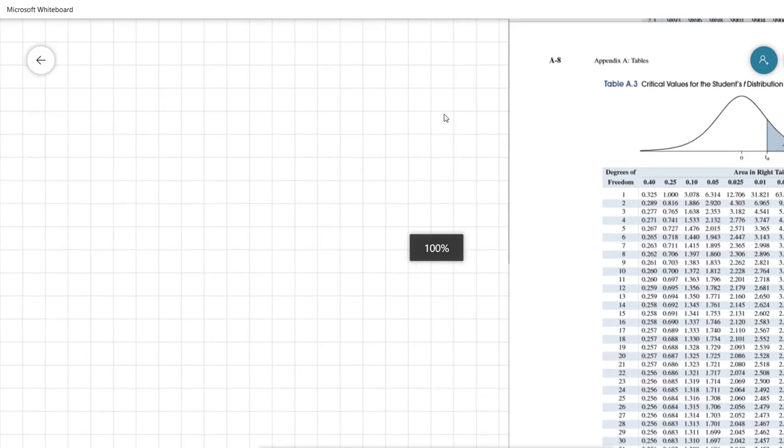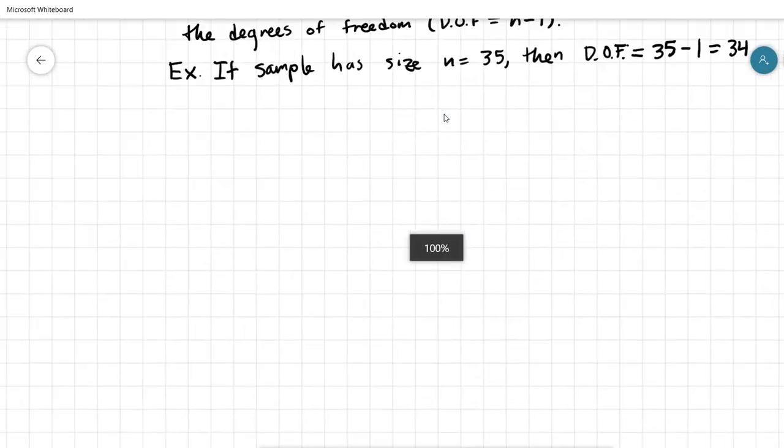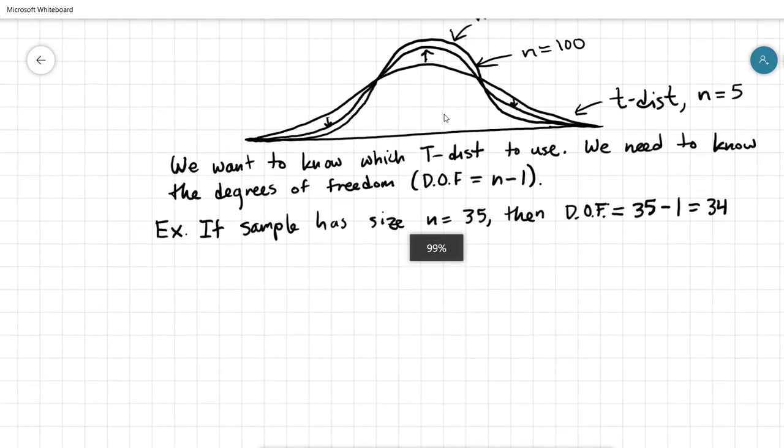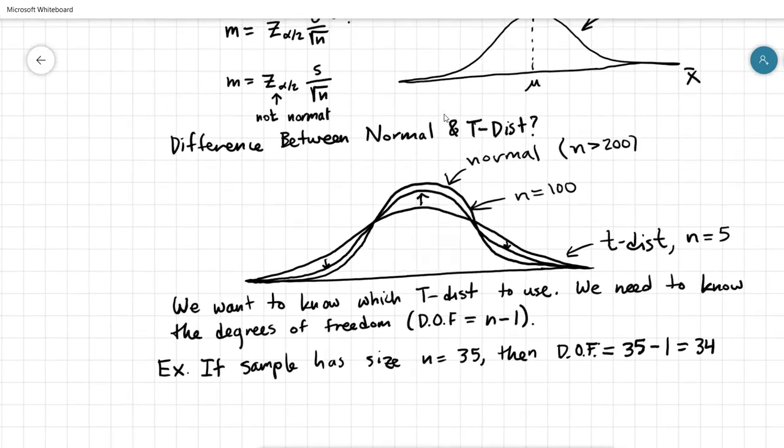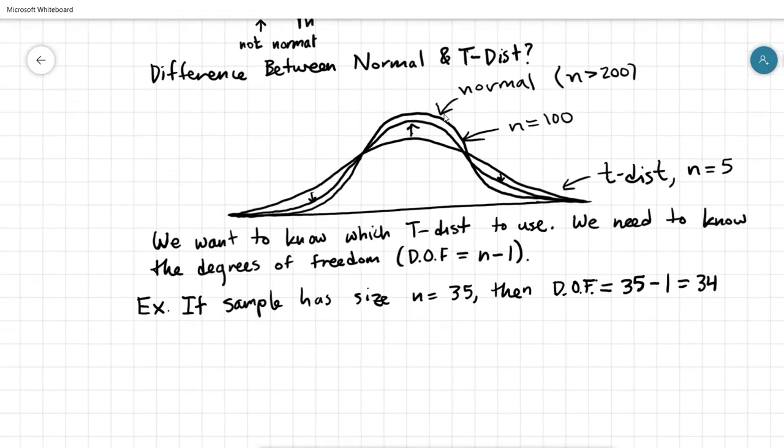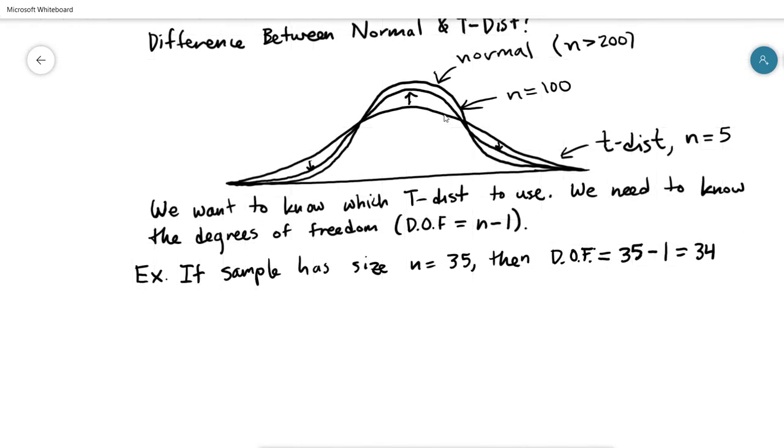Okay, so let's go back to our writing over here. Here's that problem. That's how we'll wind up using that table. So we will use the row labeled 34 of table A3 to find the critical value.